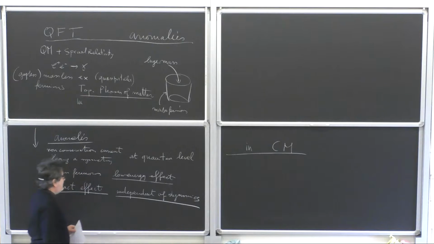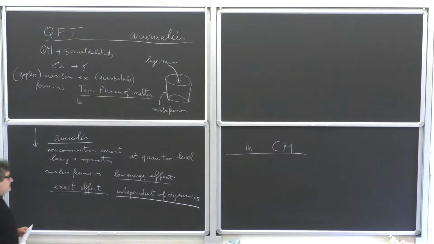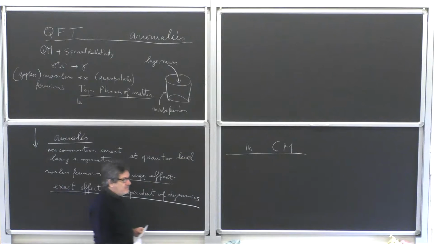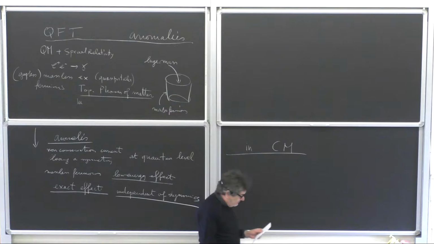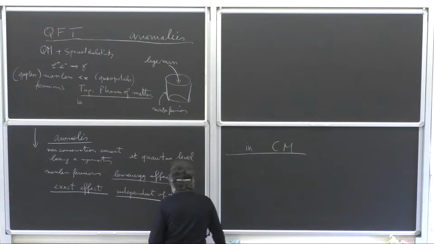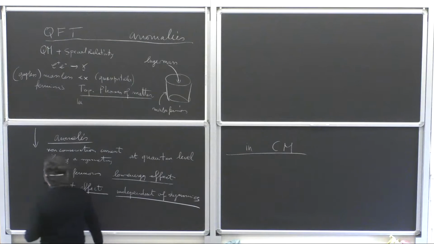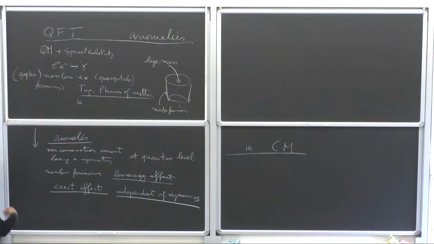It's an infrared effect which is independent of dynamics. Okay? How is this possible? Well, it is possible. Okay? And in fact, sometimes this is important because this effect implies something in condensed matter theory.